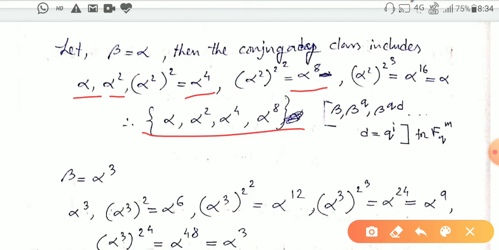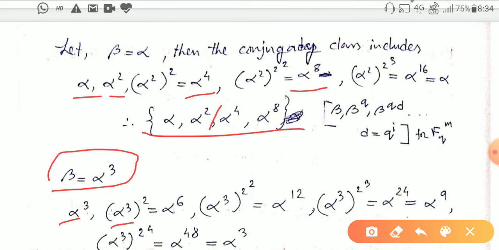Now in this class alpha cube is not present, so you have to consider another conjugacy class. The same way, now beta is replaced as a value of alpha to the power of q, and the next step will be the same as the previous one. So beta is now alpha cube, then beta to the power of q.